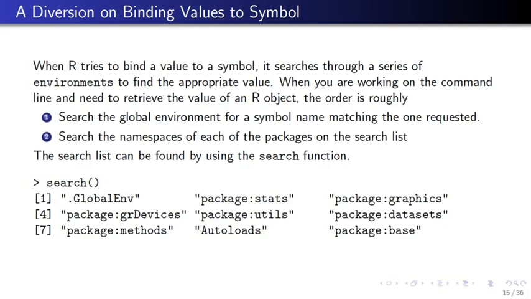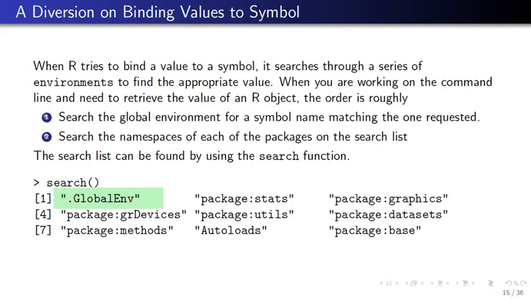If there's no match in the global environment, then R will search the namespaces of each of the packages on the search list. The search list consists of all the R packages that are currently loaded into R. And you'll see that there's an order to the search list. It starts at the first element, which is the global environment. That's number 1 on the search list, always.